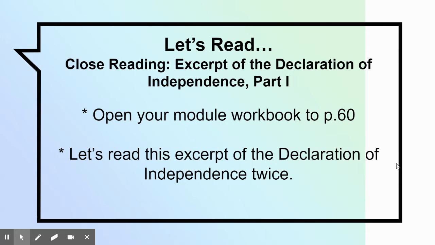Okay, so the first thing we're going to do is open our module workbooks to page 60. And we're going to read this excerpt, Part 1 of the Declaration of Independence.